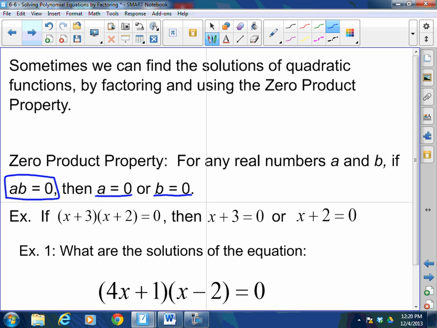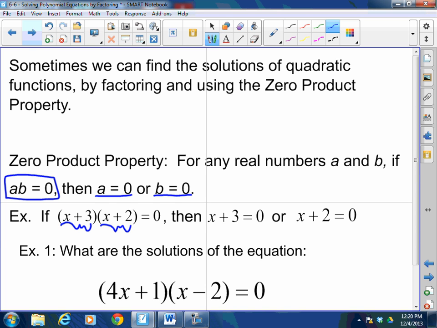Well, if I have the following factored out trinomial, x plus 3 times x plus 2 equals 0, x plus 3 is one factor. X plus 2 is your second factor. You have to set each factor equal to 0. I don't care if you have 2 factors or 47 factors. Each factor must be set equal to 0.